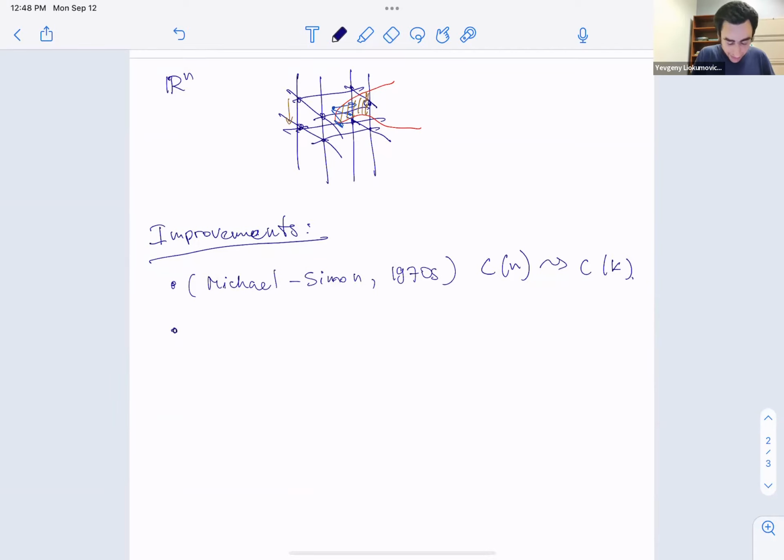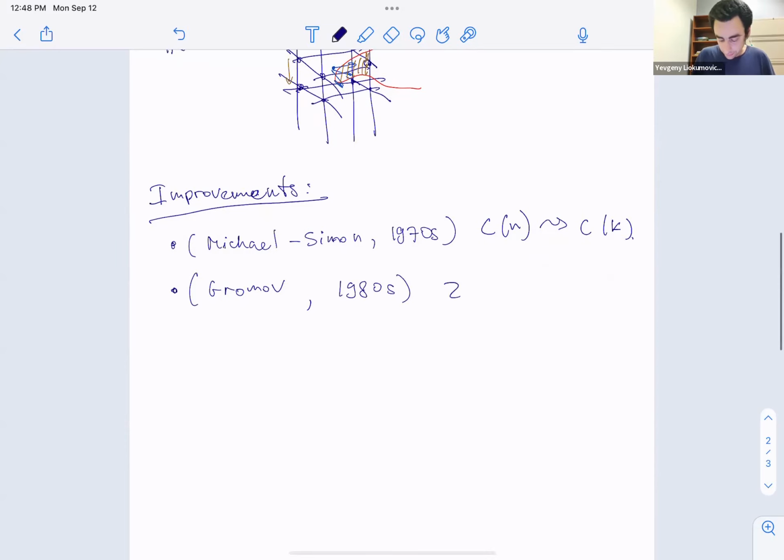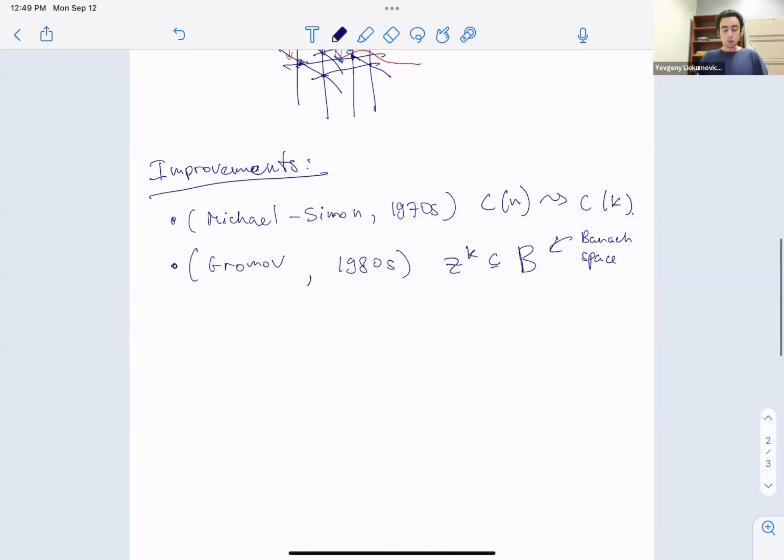Then Gromov in the 80s pushed this further, so not only the bound doesn't depend on the dimension of the ambient manifold, but in fact, we can prove this isoperimetric inequality in an infinite dimensional Banach space. So Gromov in the 1980s showed that if you have a Lipschitz chain in B, where this is a Banach space, possibly infinite dimensional, then you also have an isoperimetric inequality of this kind.